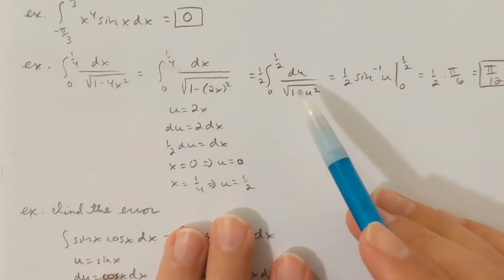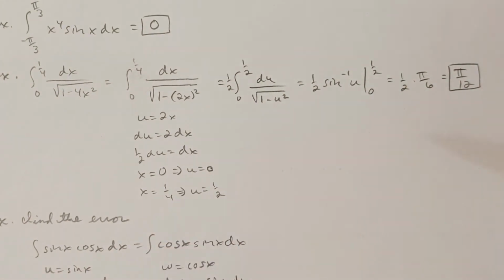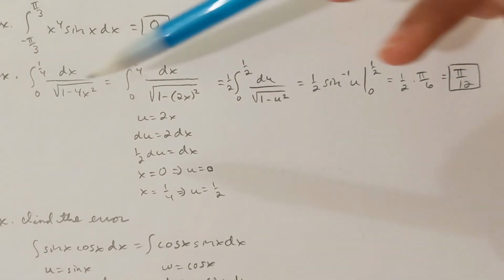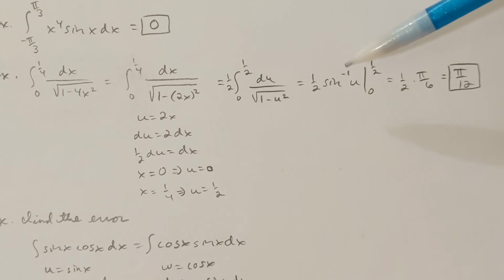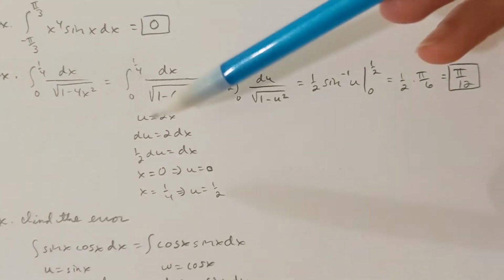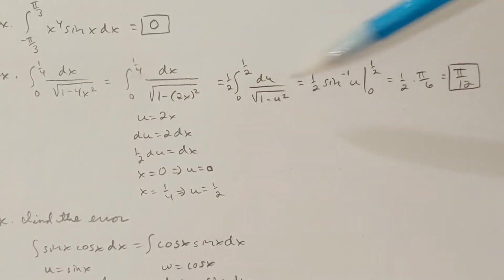Now I'm looking at something that will allow me to just go to the antiderivative in terms of u. I know that the derivative of sine inverse of u would be 1 over the square root of 1 minus u squared, since I already knew earlier the derivative of sine inverse of x is 1 over the square root of 1 minus x squared. I just needed a little substitution to have this work out for me here.